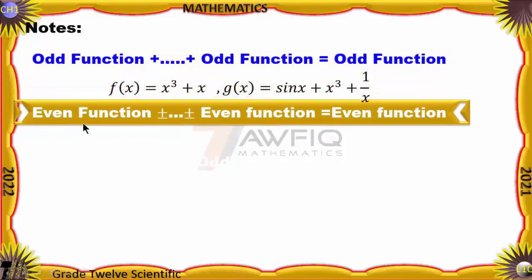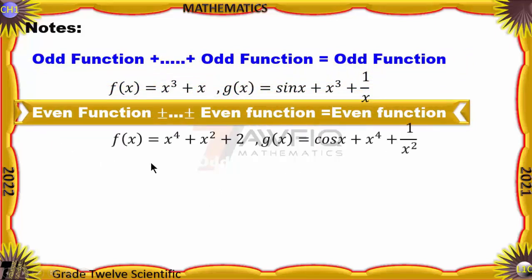Even function plus or minus even function equals an even function. f(x) equals x to the power 4 plus x squared plus 2, g(x) equals cosine x plus x to the power 4 plus 1 over x squared.